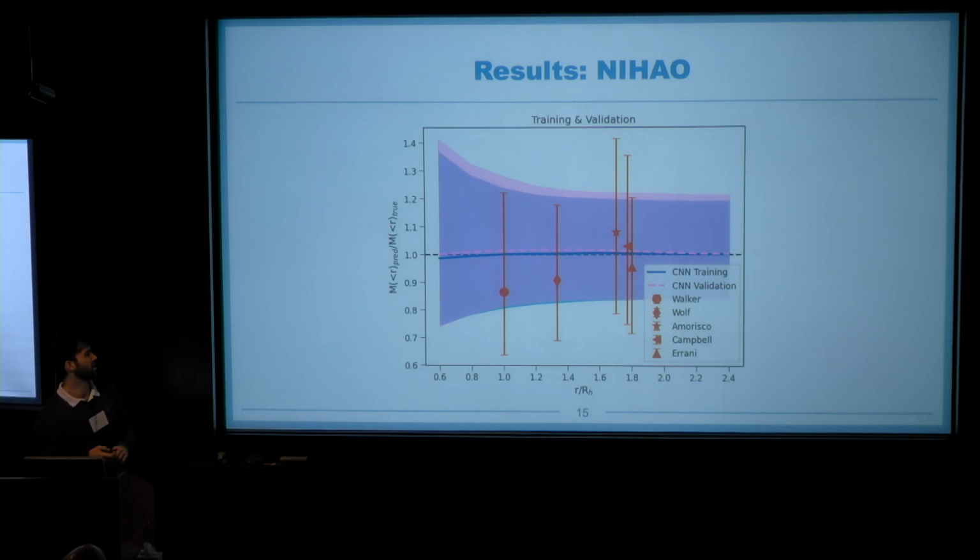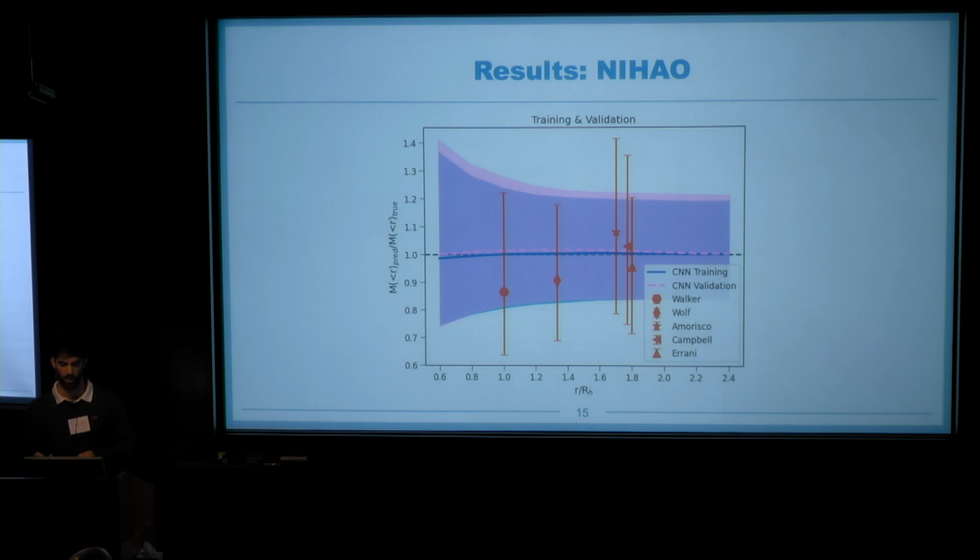So on the y-axis, we have the predicted mass divided by the real mass. And on the x-axis, we have the different radii at which we are predicting the mass. We have the mass estimators as markers, and the 1 sigma dispersion of their predictions as error bars. Then for the CNN, we have lines, which are also the median predicted, and shaded regions that indicate the dispersion of the predictions.